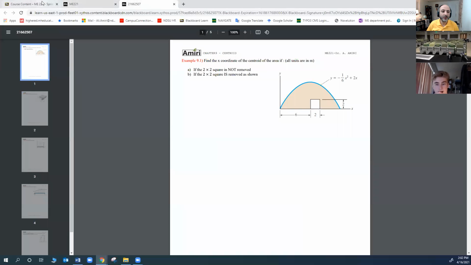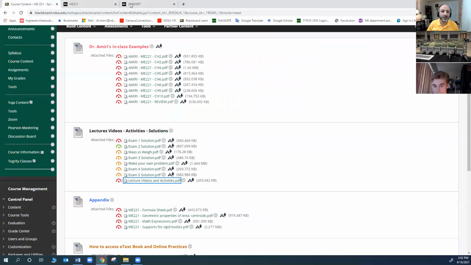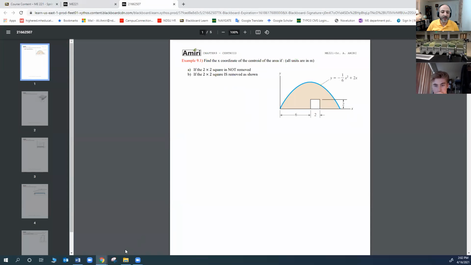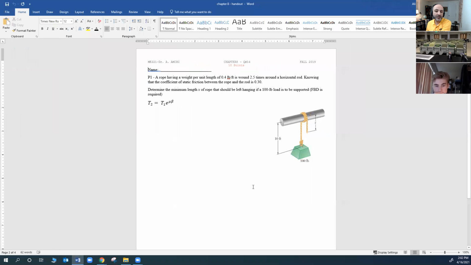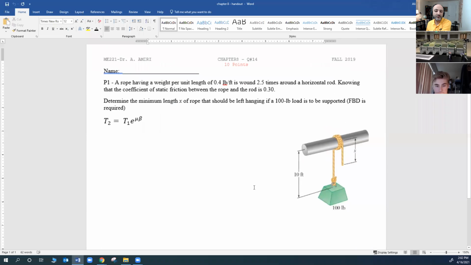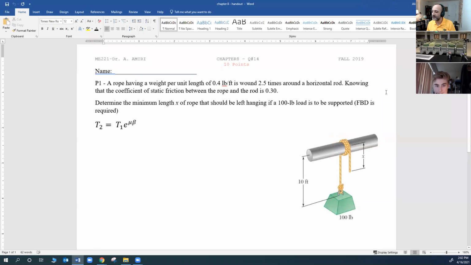Monday. Okay, so before starting examples of chapter 9 and centroid, I want to do one thing that I assigned as a self-reading, friction on belts. So we're going to do this one.